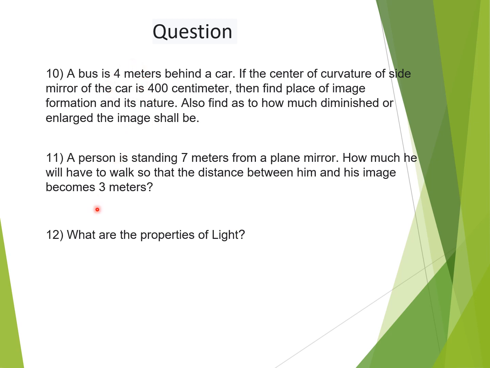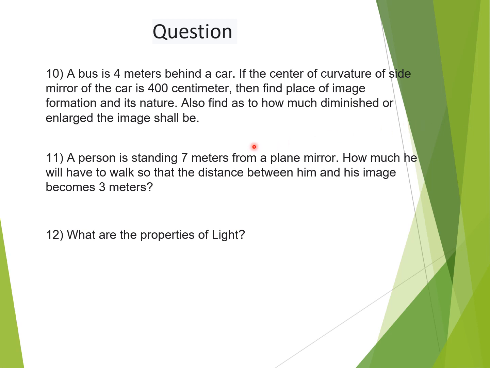Right? Next question is, a person is standing 7 meters from a plane mirror. How much will he have to walk so that the distance between him and his image becomes 3 meters? Now, when the person is standing 7 meters from the plane mirror, at that time his image will also be forming 7 meters away from the plane mirror, the virtual image on the other side.